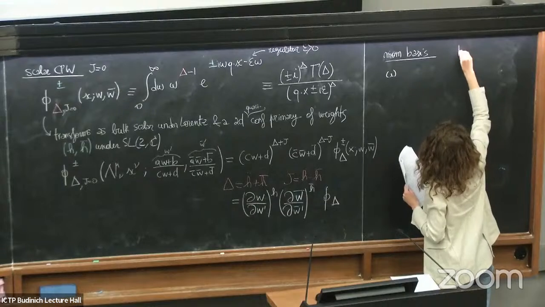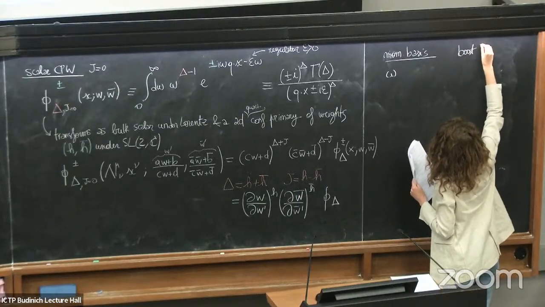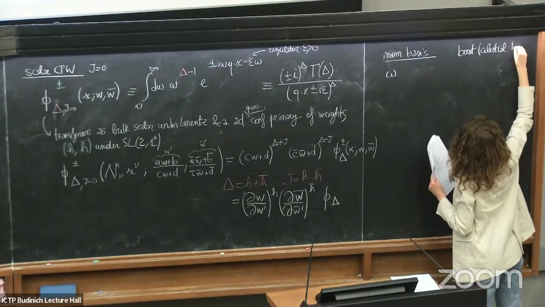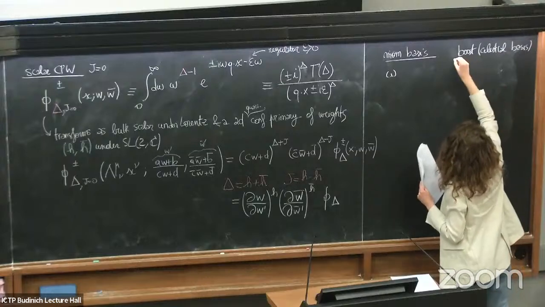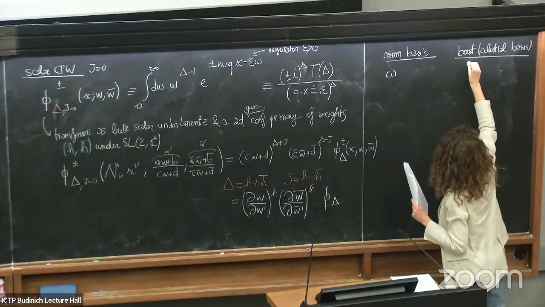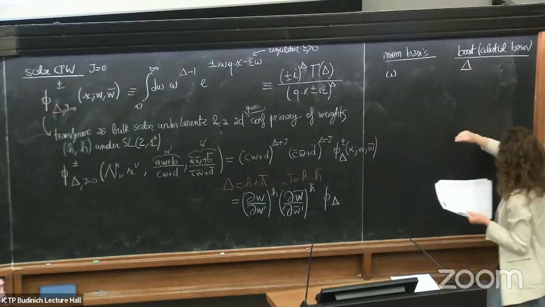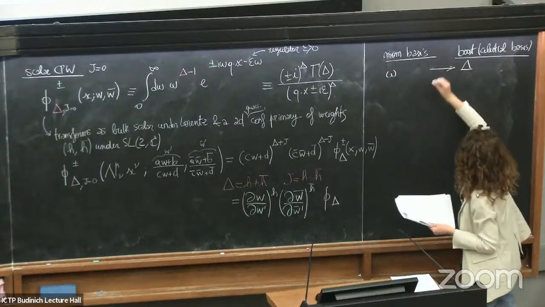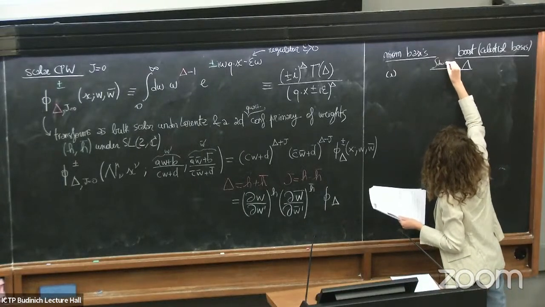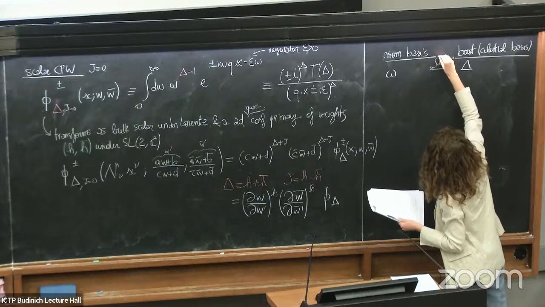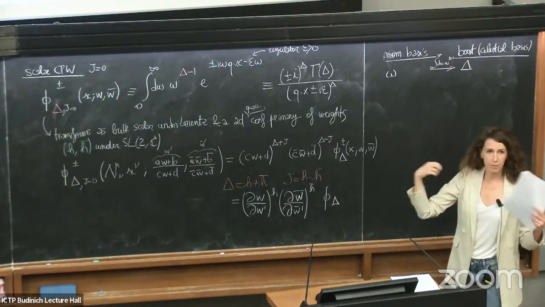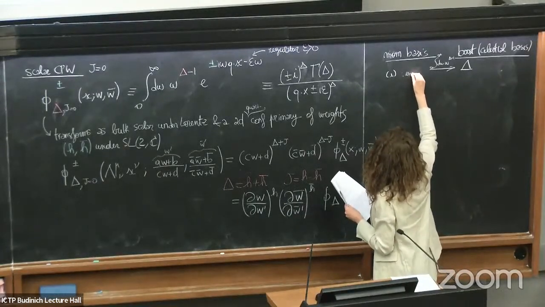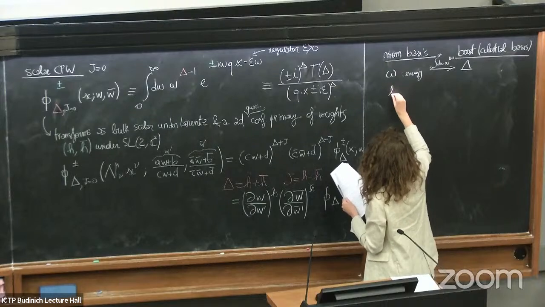Here in this boost, or let's call it celestial basis, a particle will be represented by this complex number delta. And we go from one to the other via this Mellin transform. And if we have a spinning particle in the bulk, it will carry, so that's the energy, it will carry a helicity l.